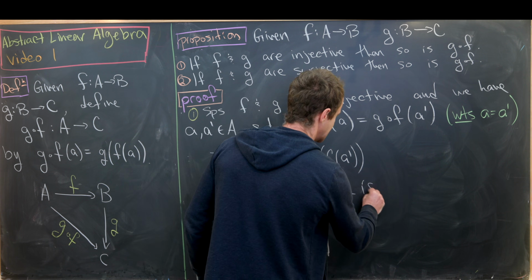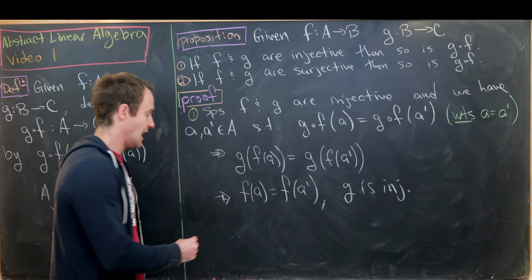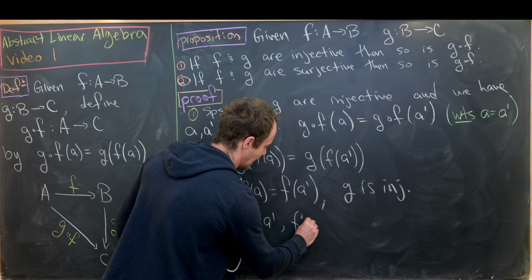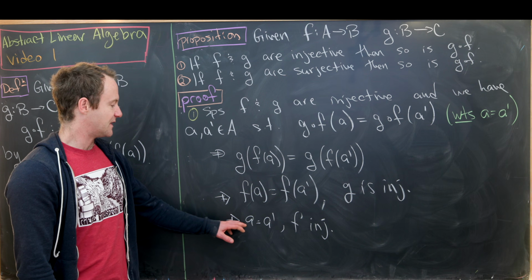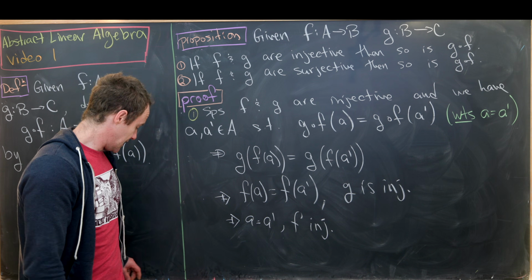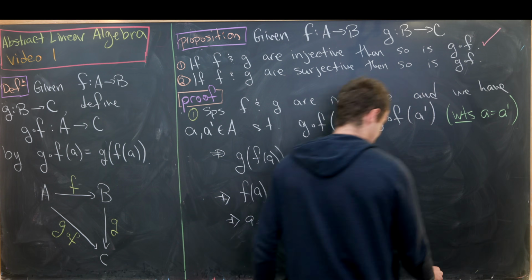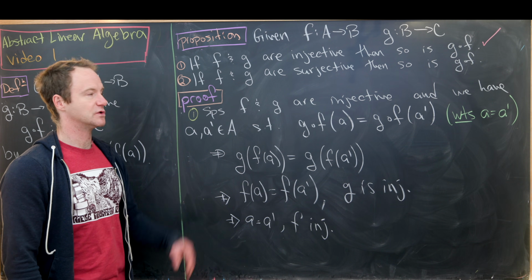That's because g is injective. And then finally, that tells us that a equals a prime. That's because f is injective. But that's where we needed to end in order to achieve the goal of showing that this composition is indeed injective. Okay, good. Let's get rid of this and we'll do the surjectivity.